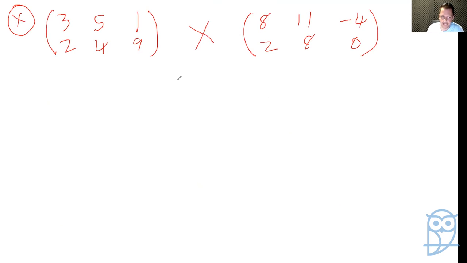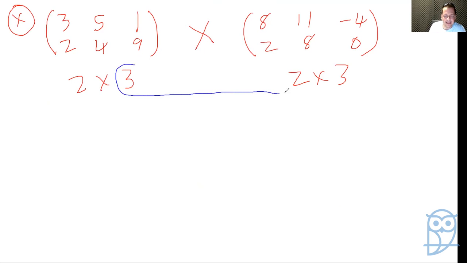The reason is that our matrices need a different characteristic. These are currently 2 by 3 and 2 by 3. For matrix multiplication to work, these two inner dimensions need to be equal. And as you can clearly see at the moment, they are not equal.